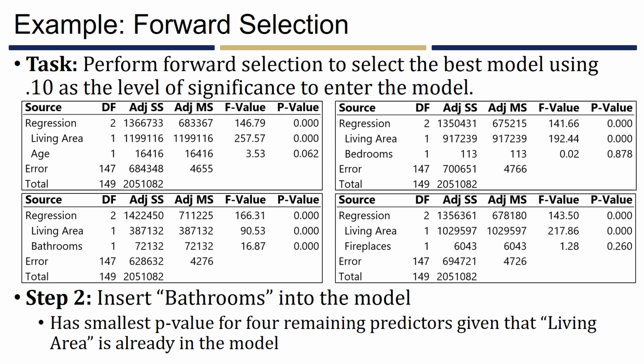Number of bedrooms and number of fireplaces both had p-values up above 0.1, so they wouldn't have even been contenders anyway. So because the number of bathrooms has the smallest p-value out of the 4 remaining predictors, given that living area is already in the model, number of bathrooms is going to be entered into the model next.